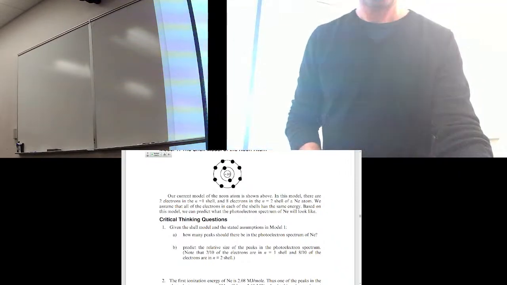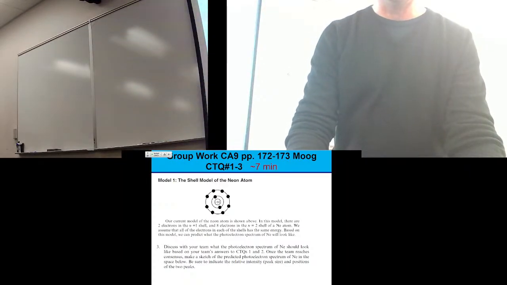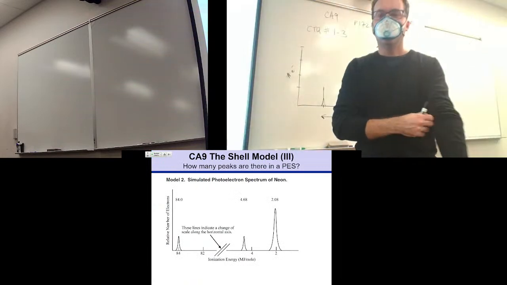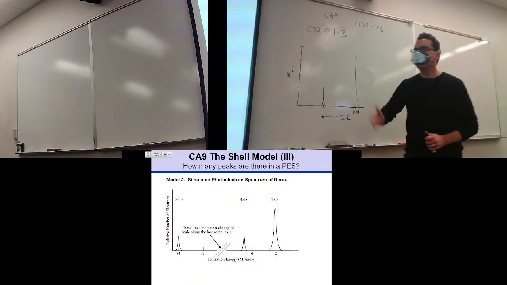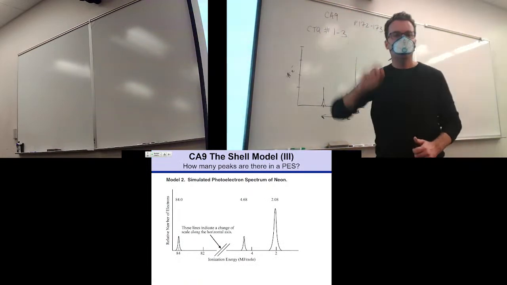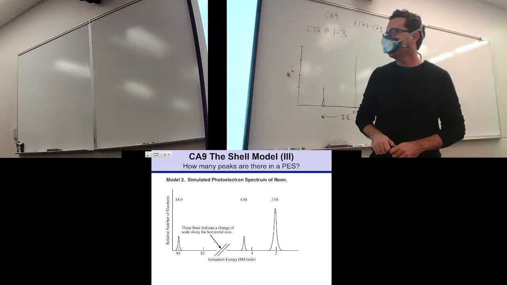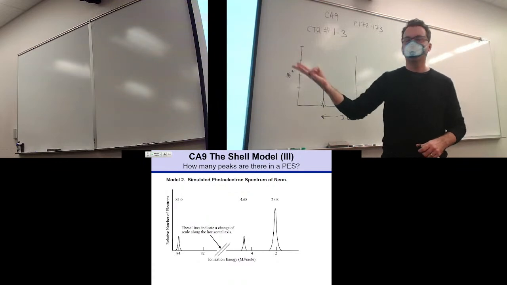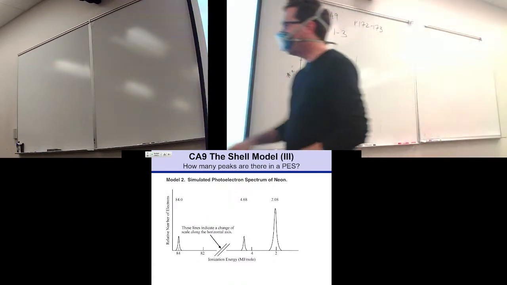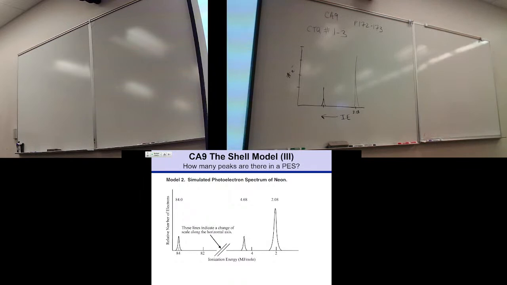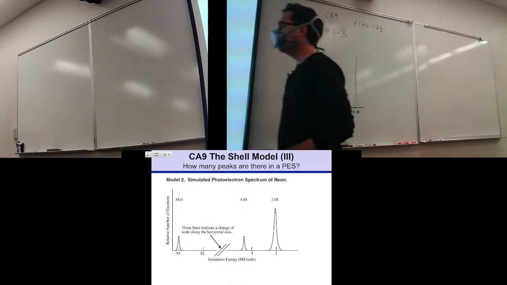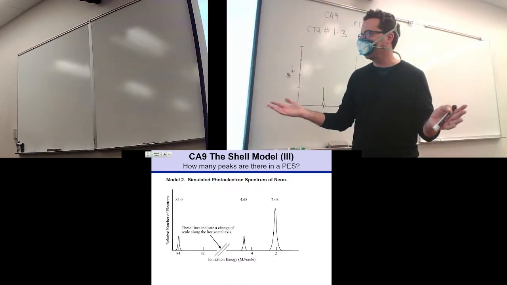Again, I'm giving it away a little bit, but this is actually what you see. This is neon's simulated spectrum, but this is what we should see if we actually did a scan of neon. There's not 2 peaks, there's 3, right? Don't forget, this little hash mark just indicates a change along the x-axis.